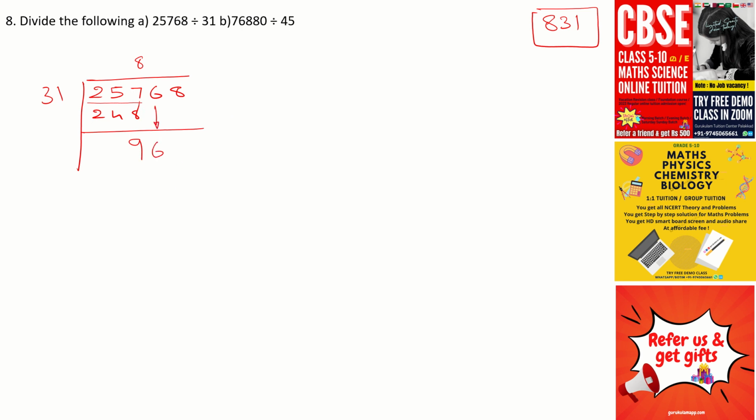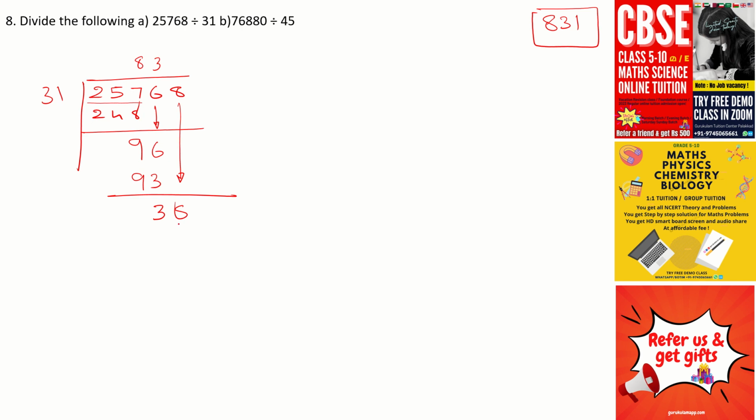You can take the value of 6 here. When you use the multiplication of 3, 31 into 3, it is going to be 93 here. Now 96 minus 93 is going to be 3 here. Now you can take this 8 to here.